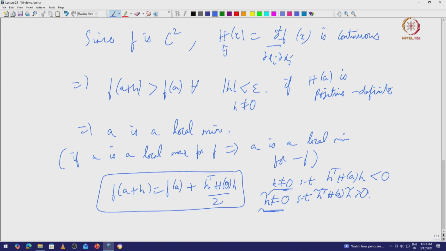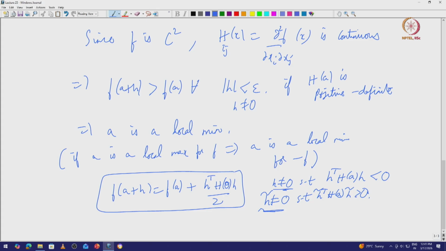So it would have neither been a local maximum nor a local minimum. But the trouble is, this is h of theta, it is not h of a, right? So how can we then conclude anything from this information?